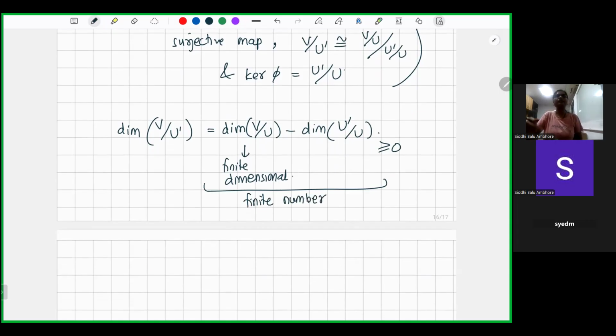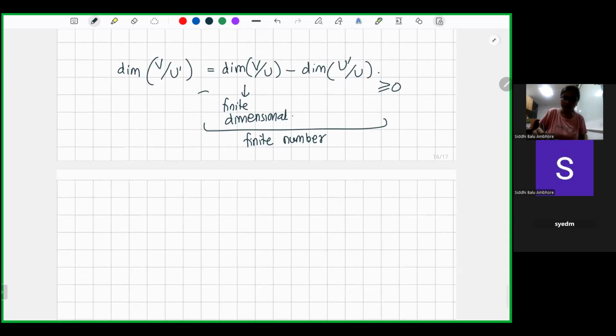This will definitely be less than the dimension of V by U. So this will imply that this is finite dimensional, and once I have this finite dimensional, I get U dash as finite codimensional. Is that okay?